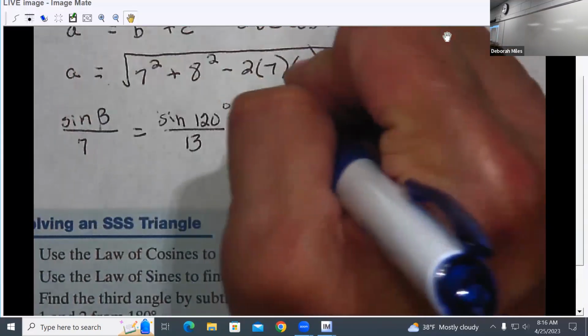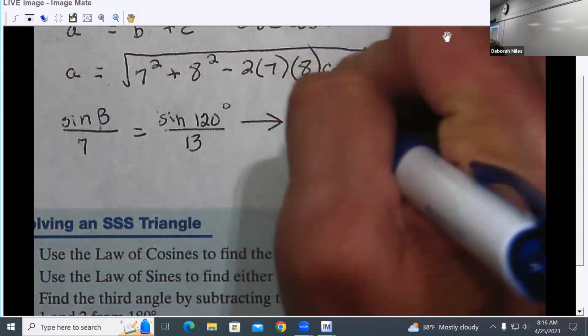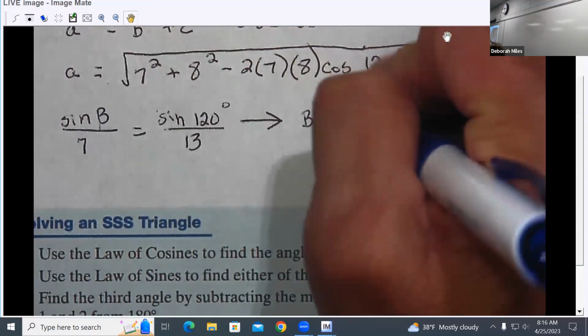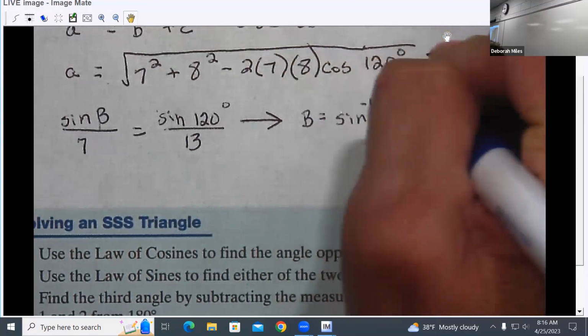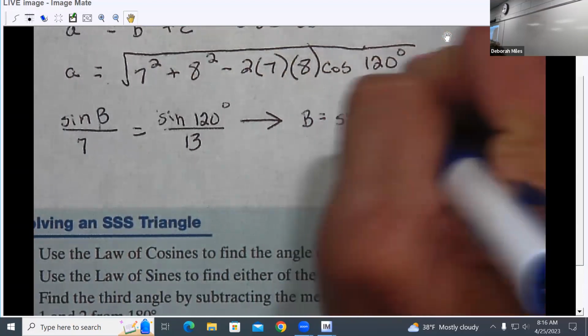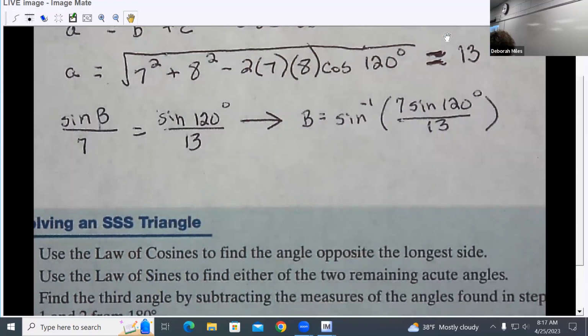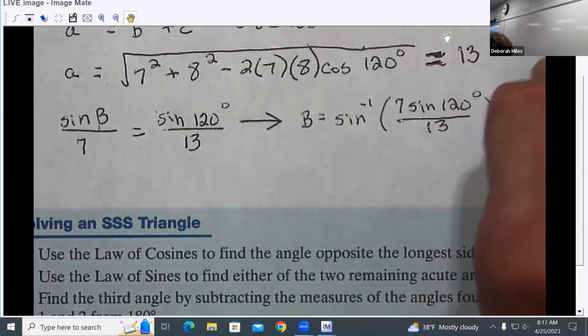So I'm going to go ahead and say B is the inverse sine of 7 times sine of 120 degrees over 13. Surely that doesn't come out to be exactly 28 degrees, does it? Okay, it's darn close to 28 degrees.